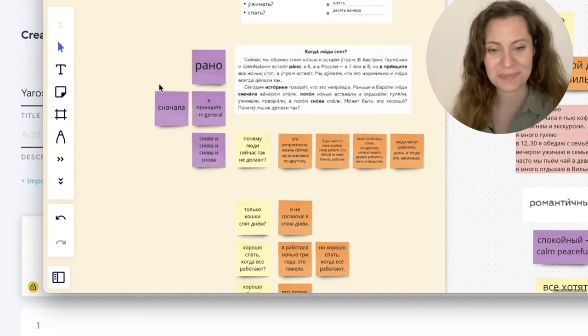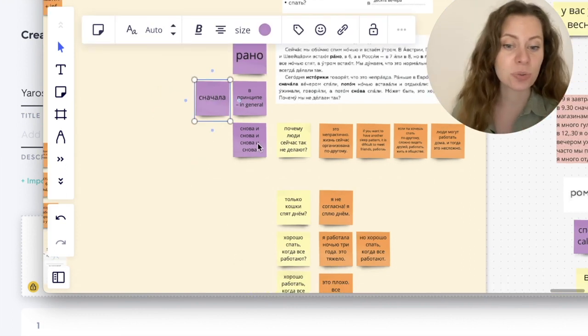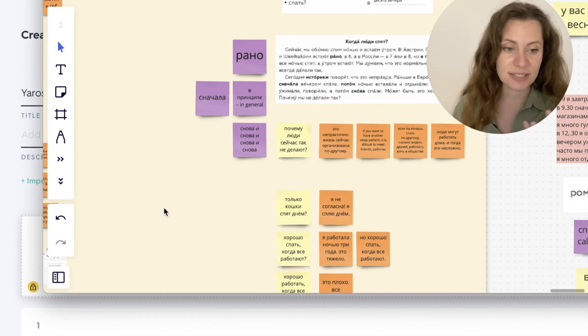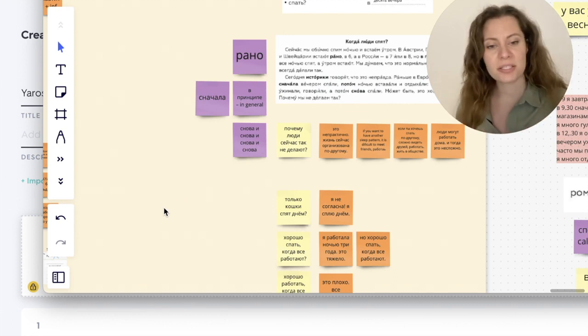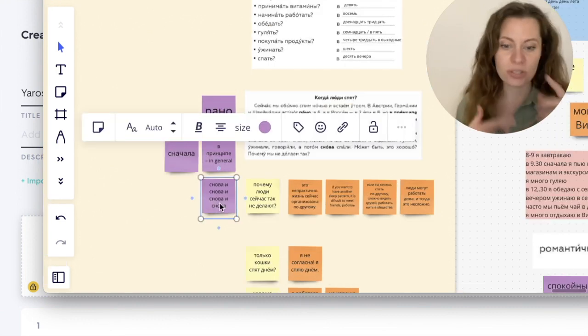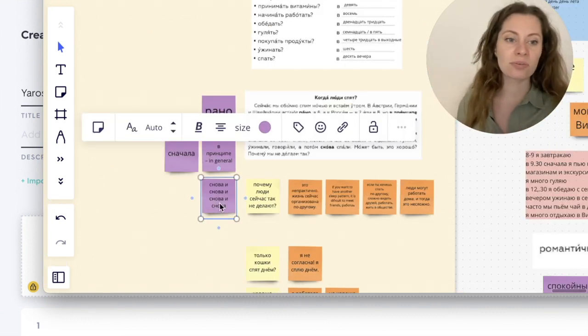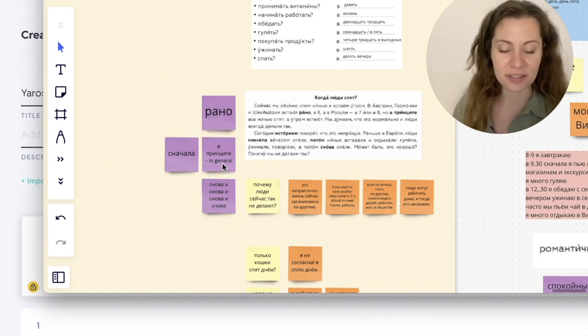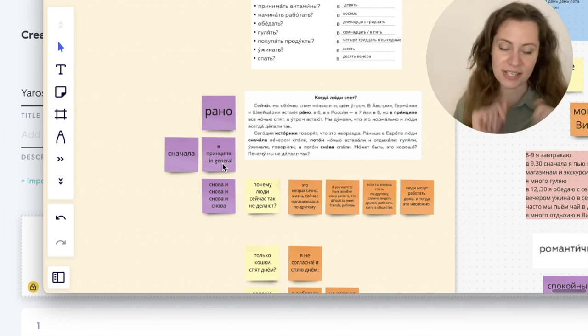In Russian, for example, here, I just take these nice purple stickers. These words are needed to make your speech brighter and more structured. Снова, в принципе, in general, all the filler words, all the structure words, they're in these purple stickers. So that's the second place where I look for inspiration for these flashcard sets.